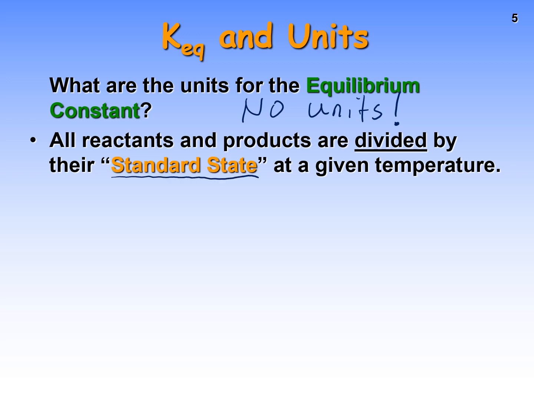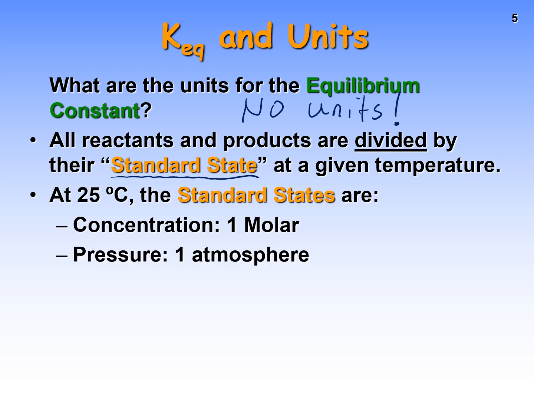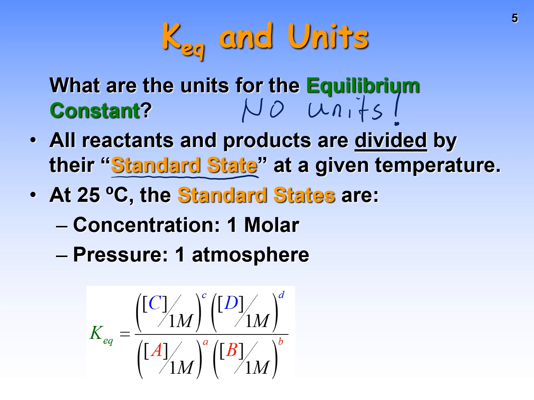We take all of our reactants and products and divide by their standard state at a given temperature. This is something you probably learned about in Chem 1A in chapter 6, the thermodynamic chapter. At 25 degrees Celsius, standard states are defined as: if it's a solution, 1 molar; if it's pressure, 1 atm; and if it's a pure substance, then just their pure value.